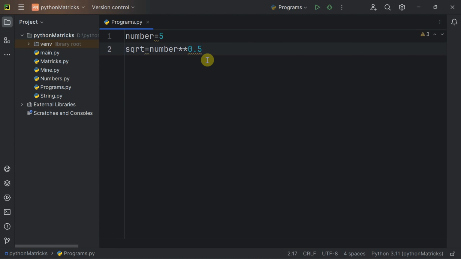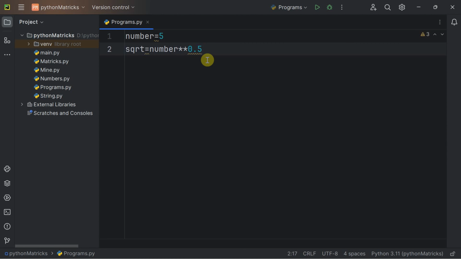The exponent operator can be used for any exponent, not just for 0.5 only.